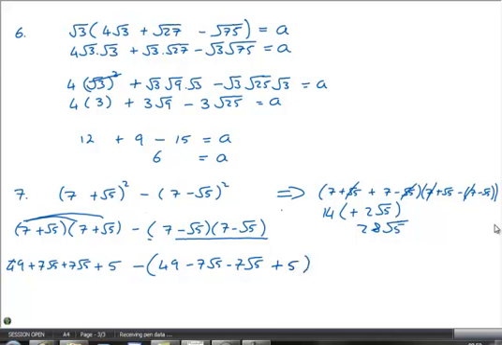Tidying stuff up as best you can. So 49 plus 5 is 54 plus 14 root 5 minus 49 and 5 is 54 minus... okay, so what are you going to be left with?